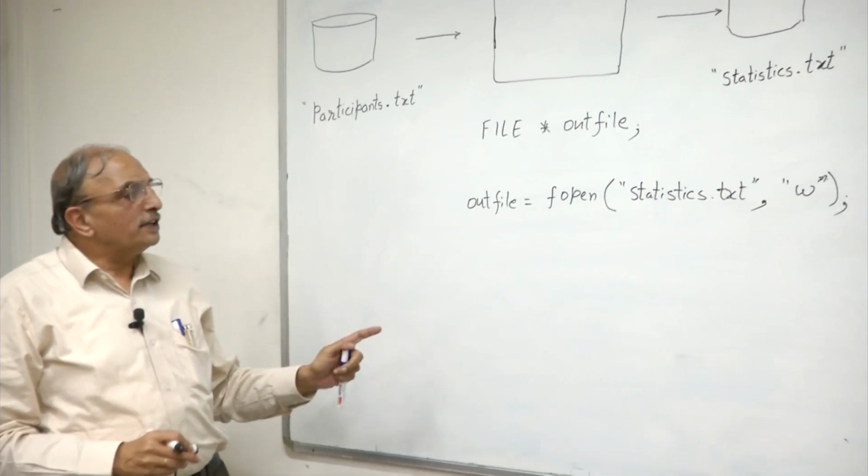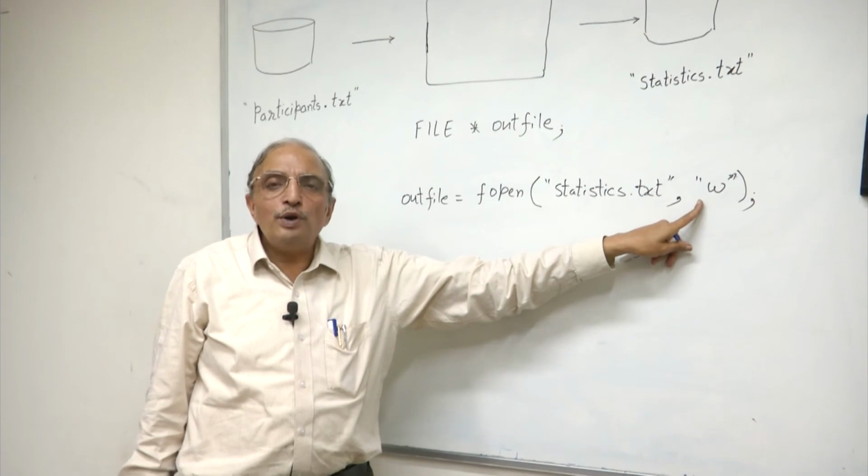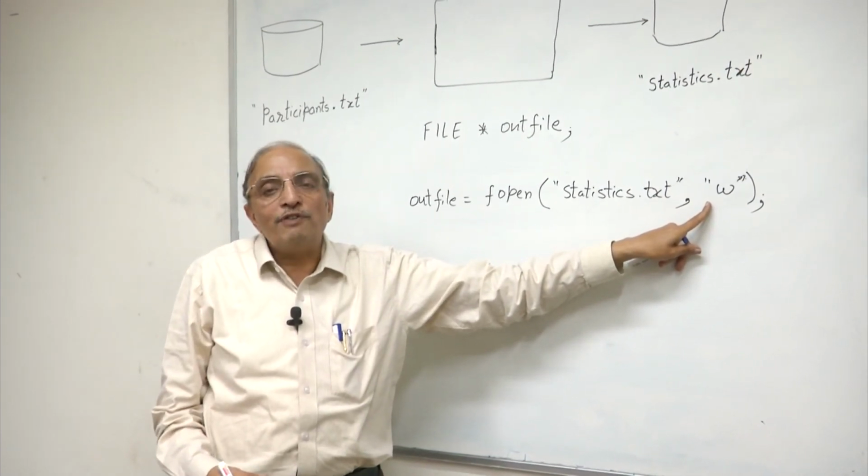The only difference is that in the mode you specify the letter W to indicate that you want to write the data into this file. That means it is an output file.